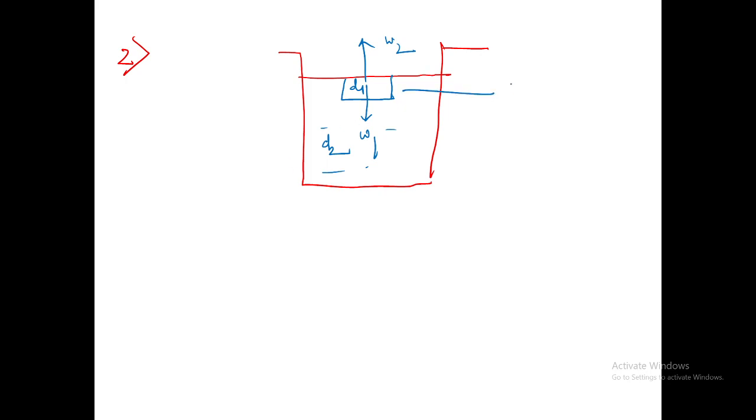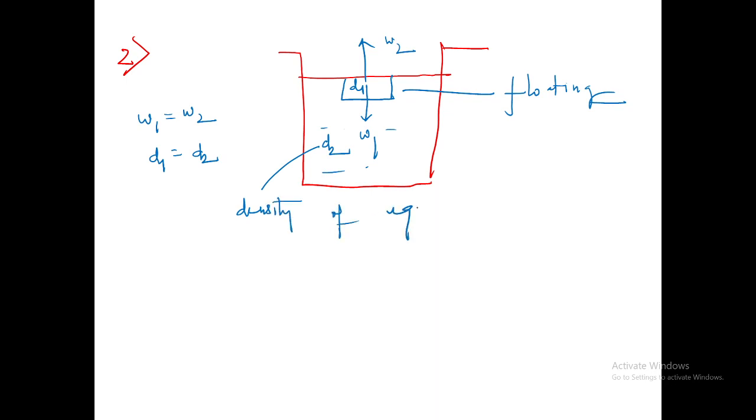Since it is floating, it means it is in equilibrium, that means w1 is equal to what? W2. And this is possible if d1 is equal to what? D2. So d2 is the density of the liquid, and d1 is the density of the body.